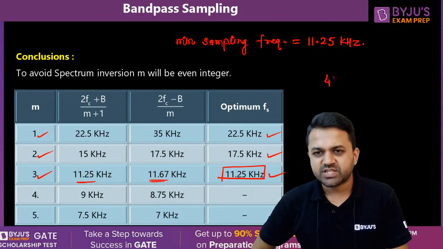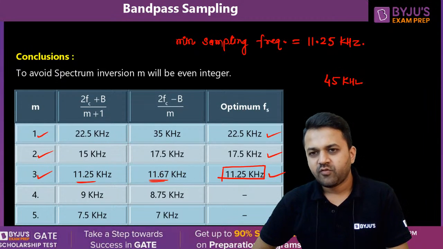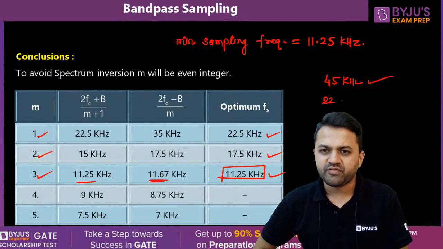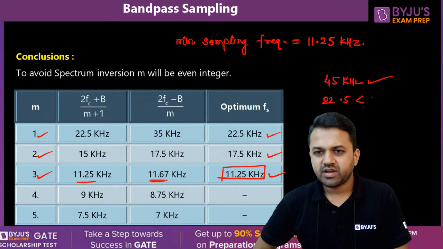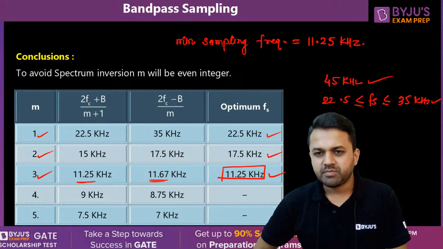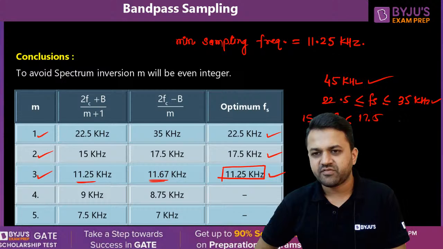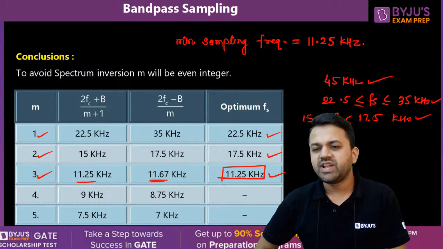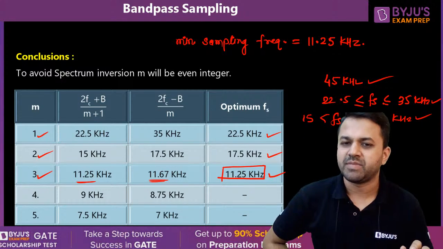45 is also okay, and anything between 22.5 and 35 is also okay. Between 15 and 17.5, any value will be able to reconstruct your message signal.